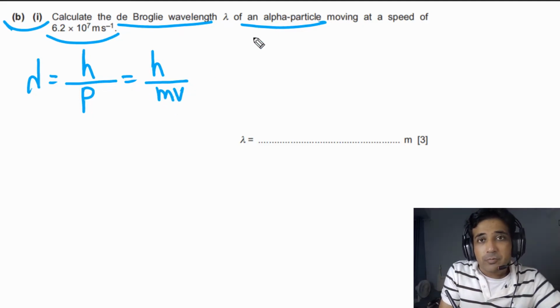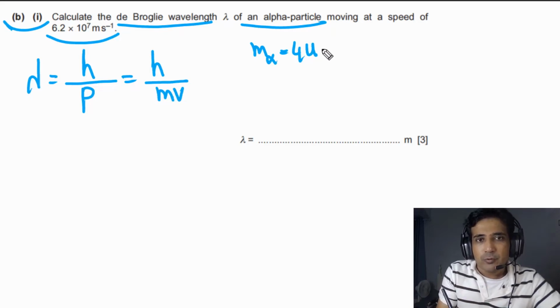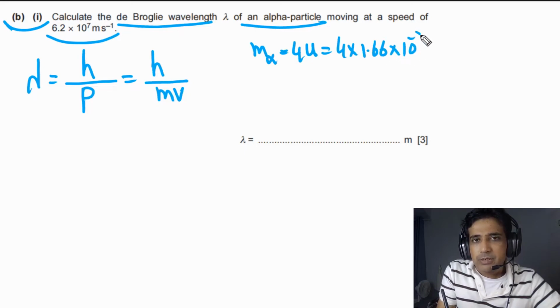In this case, our particle is an alpha particle, and the mass of an alpha particle is equal to 4u, and 1 u is equal to 1.66 times 10 to the negative 27 kg.